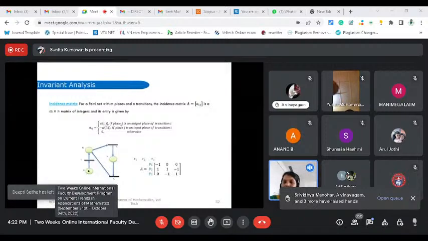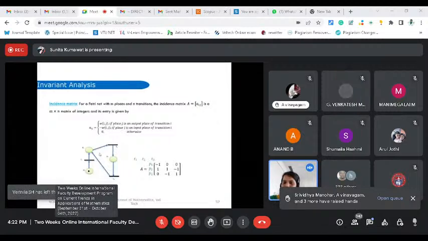If place j is an output place of a transition, like here place j is an output of T2, then it is a positive weight, and it is a negative weight if place j is an input place of the transition.